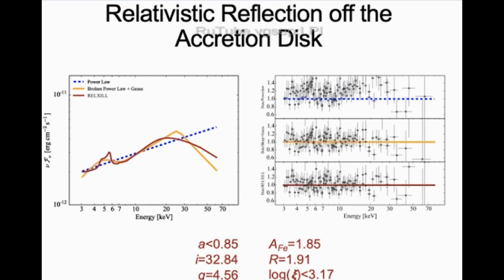And this within the errors is consistent with independent measurements performed in the past. I'm not going to walk you through all the parameters here, but one that's very important is also the ionization parameter, xi. This parameter is only an upper limit, and there are other parameters in there. And also for other parameters, we have very huge error bars that we obtain.